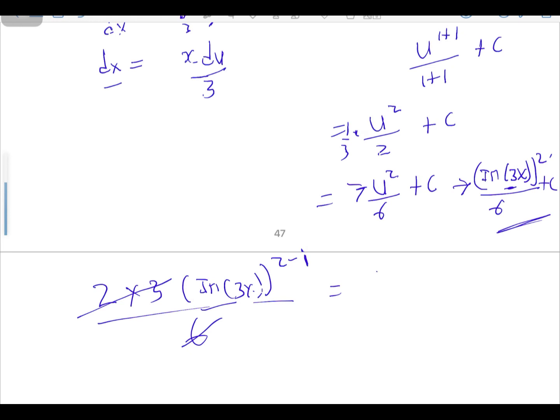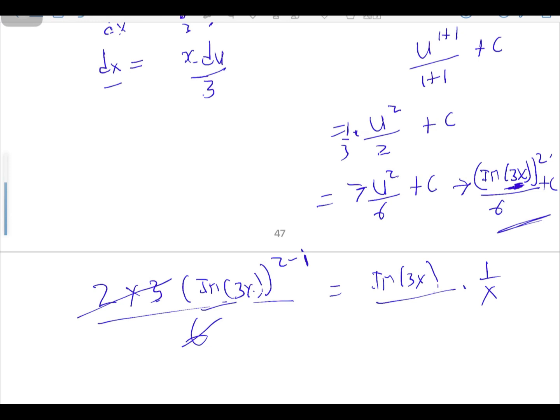When you subtract 2 minus 1, we are going to get ln 3x multiplied by the differential of the ln, which is still 1 over x. That is all.